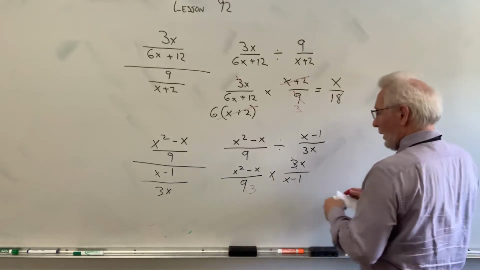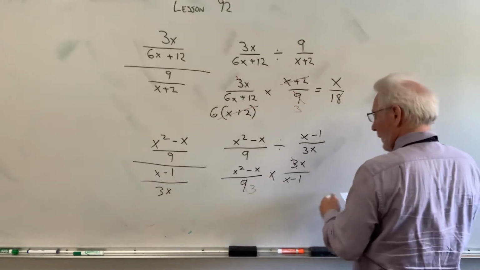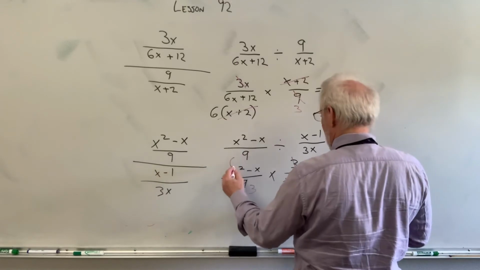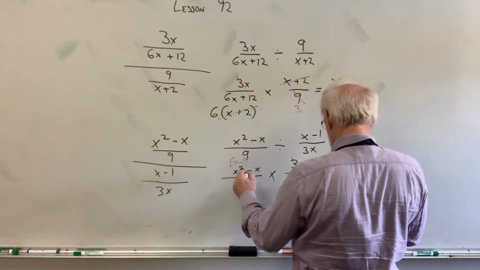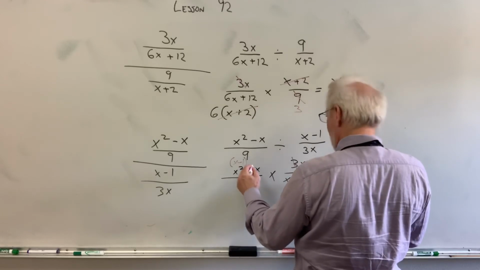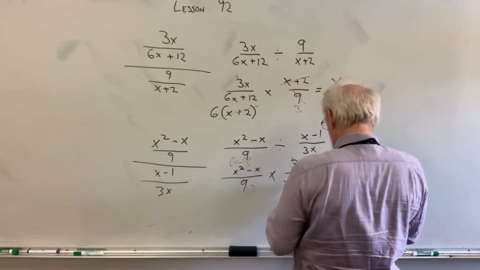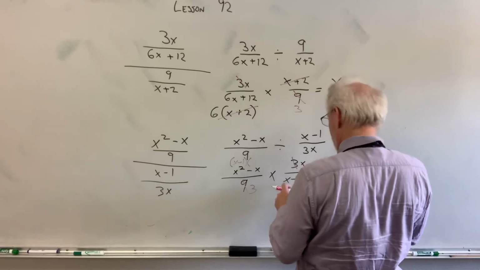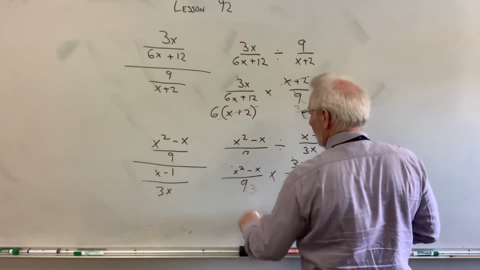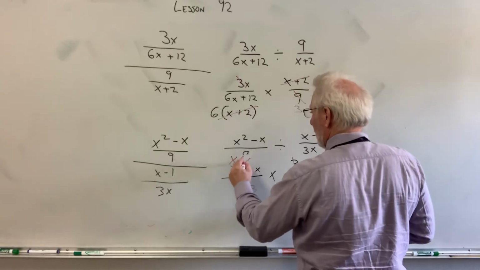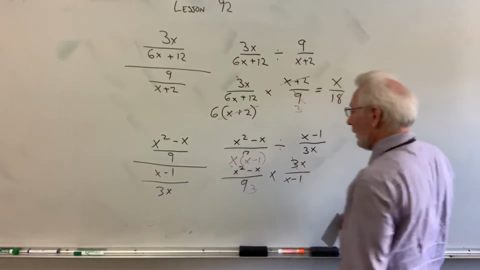And over here, what can we do with this? Well, when we factor this out, we are going to get x minus 1 and x plus 1, right? No, that's not right. We factor the x out of there. We get x minus 1. There we go.